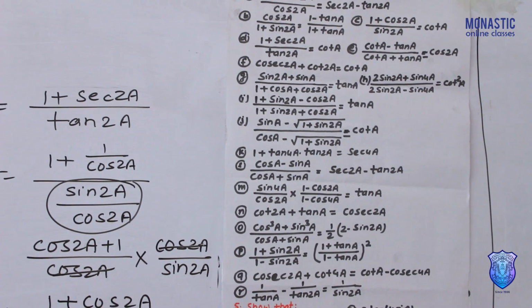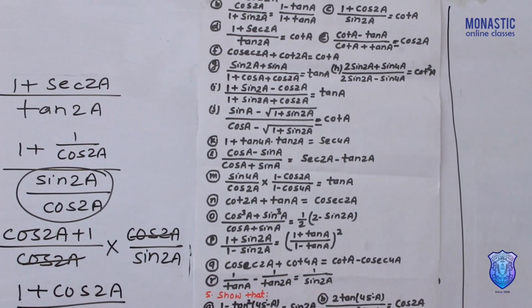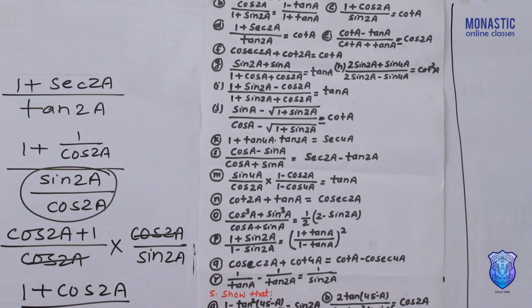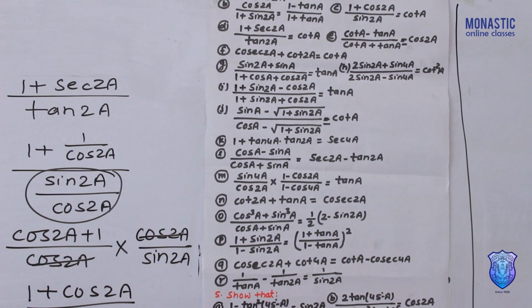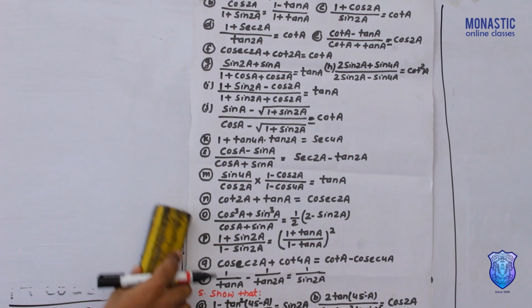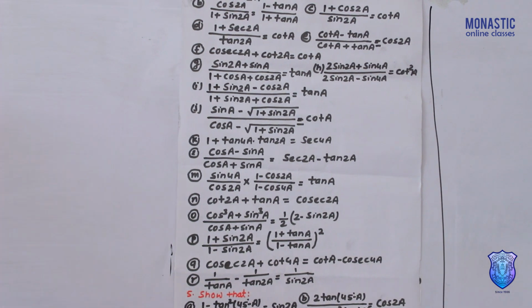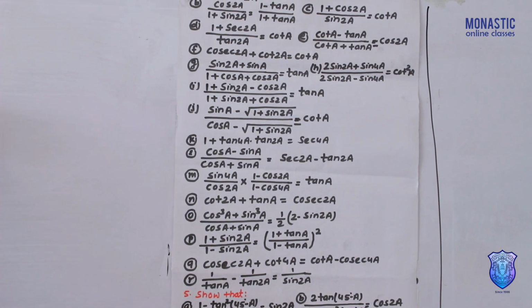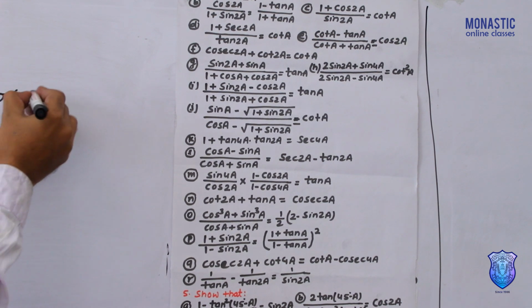Either we can convert all of them in sin and cos, or convert all in tan or in cot. By many methods we can solve. I will prefer to convert it into tan.